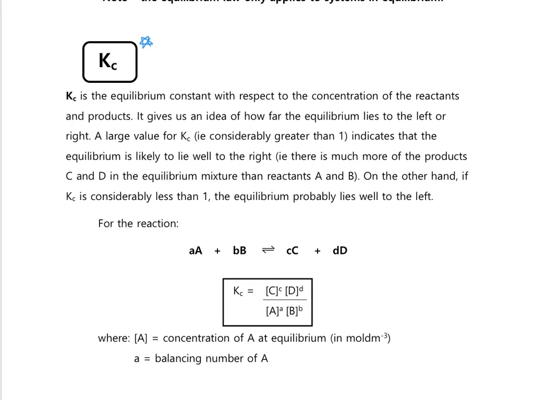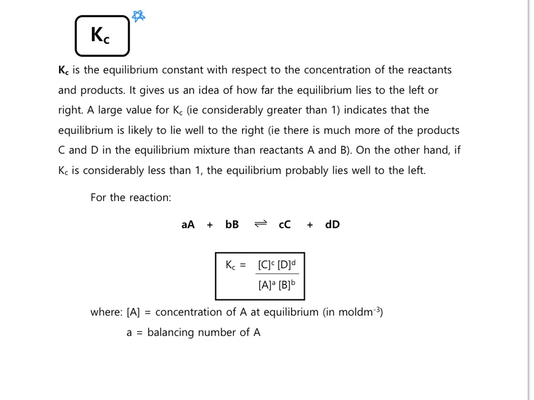So this bit underneath where it introduces Kc just goes over that idea again of it giving us an idea of how far to the left or right the equilibrium sits, and gives you some values there of greater than 1 or less than 1. But this is what's really important down here, is the expression for Kc.